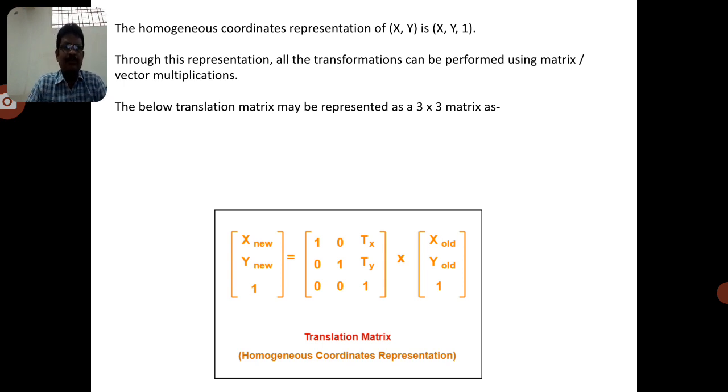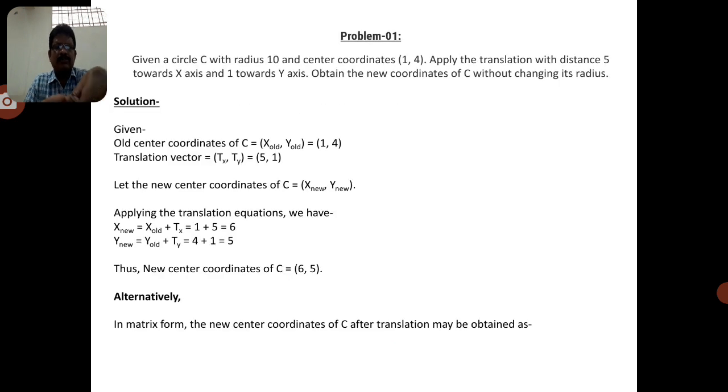Based on that we add the content from the previous matrix notation. The homogeneous equation is x new, y new, 1 equals the unity matrix: 1 0 tx, where tx indicates the translation towards the x axis, and the second row is 0 1 ty, where ty is the translation towards the y axis, and 0 0 1 is the homogeneous value. This is multiplied by x world, y world and 1. This is the homogeneous equation we have to represent.